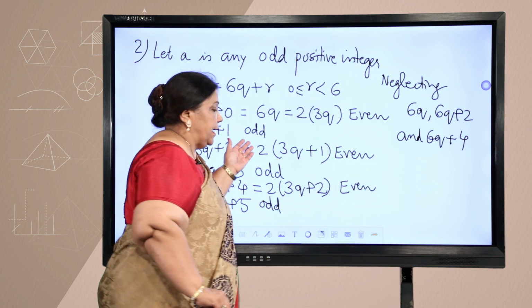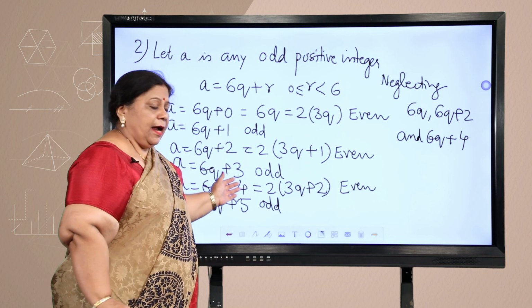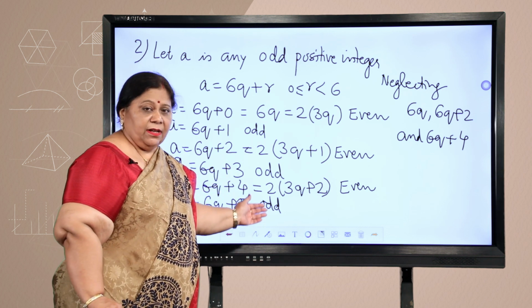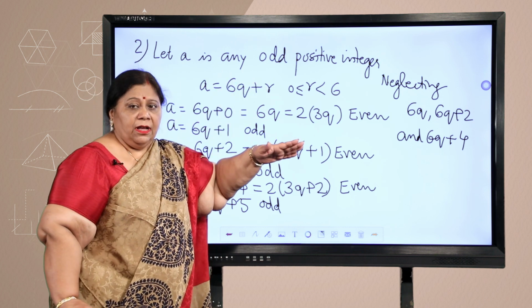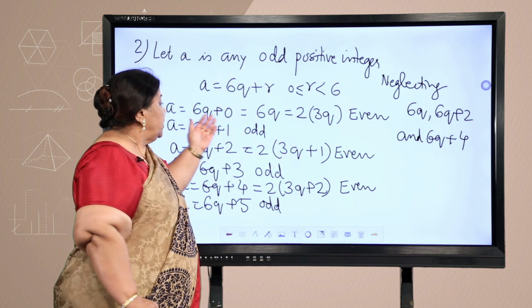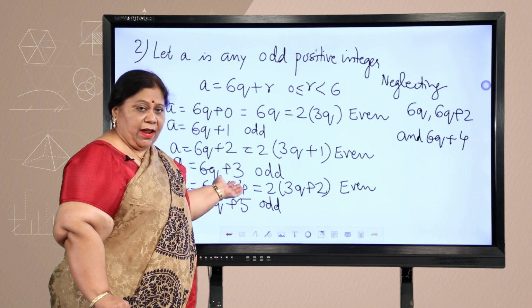We are left with the cases 6q plus 1, 6q plus 3 and 6q plus 5, thus showing that any odd positive integer can be expressed in the form 6q plus 1, 6q plus 3 and 6q plus 5.